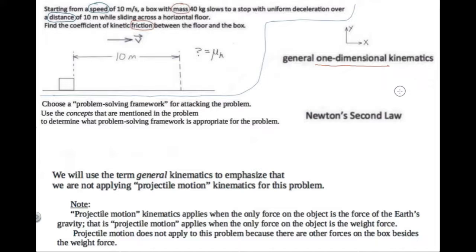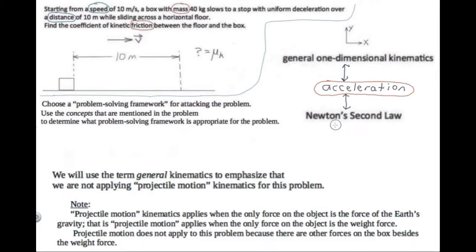Now, what concept forms the connecting link between kinematics and Newton's second law? The one concept that appears in both the Newton's second law equations and the kinematics equations is acceleration. So the connecting link between Newton's second law and kinematics is acceleration.